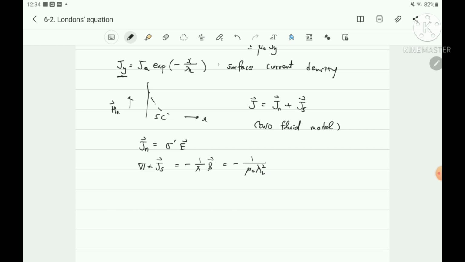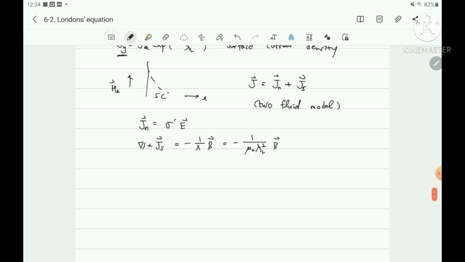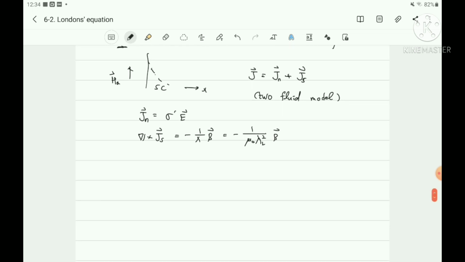Curl Js, the rotation of supercurrents, generates the negative magnetic field, and the time derivative of the current density is proportional to the electric field. These two are the London equations, with mu 0 lambda L square E.